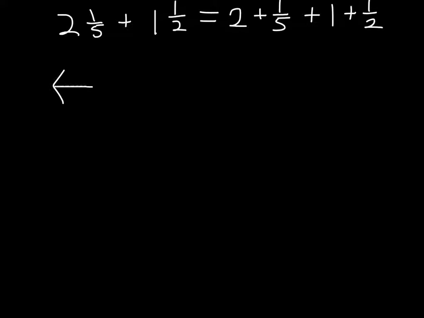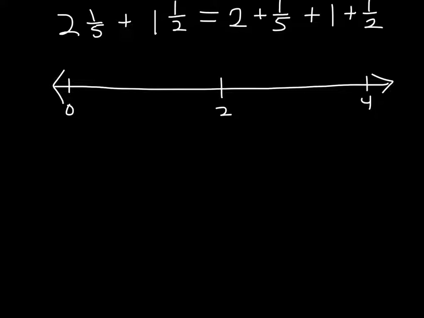So as I said earlier, I know that my answer is going to be less than 4, so I'm going to mark a 0 here and a 4 here, 2 in the middle, a 1 and a 3. So I have my wholes on the number line, and I'm going to add my whole parts first, 2 plus 1.